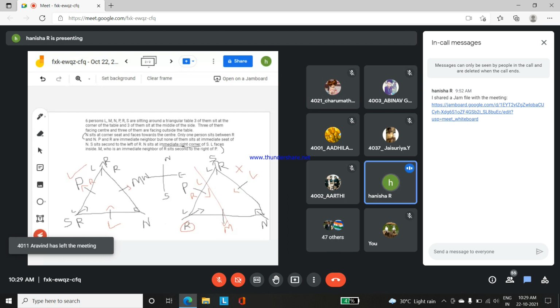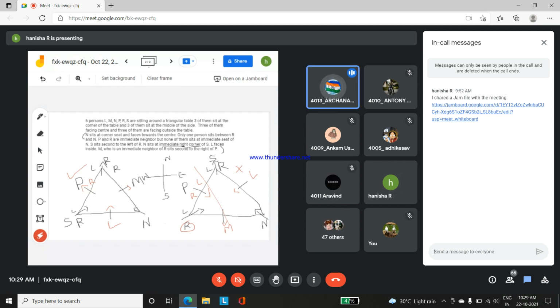Adi Keshav, present, ma'am. Sakshi, present, ma'am. Anthony Roshik, yes, ma'am. Aravindan, yes, ma'am. M. Archana, present, ma'am.